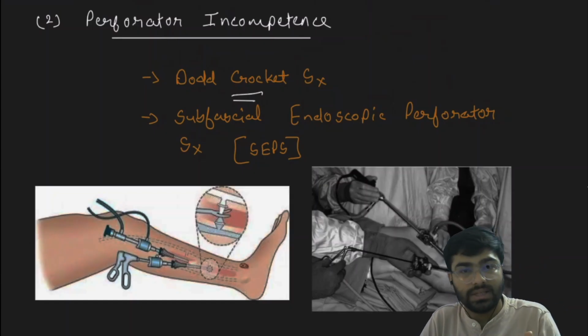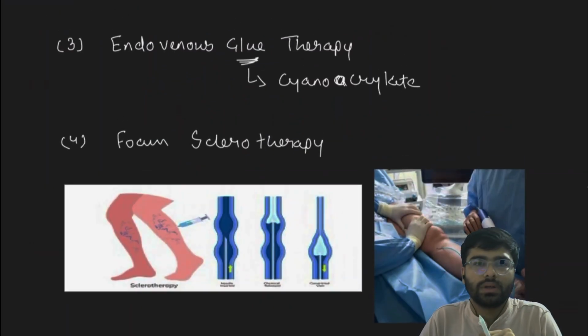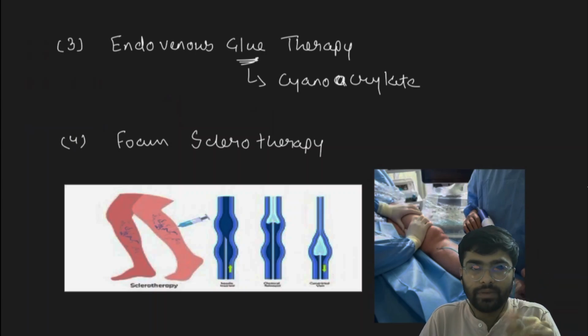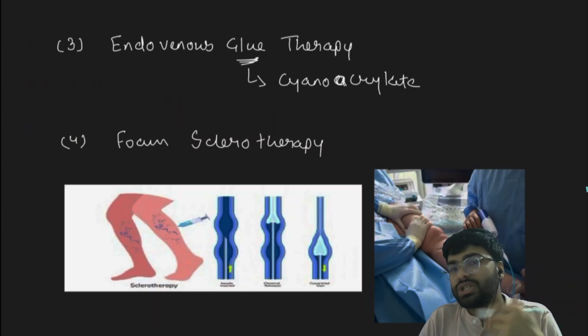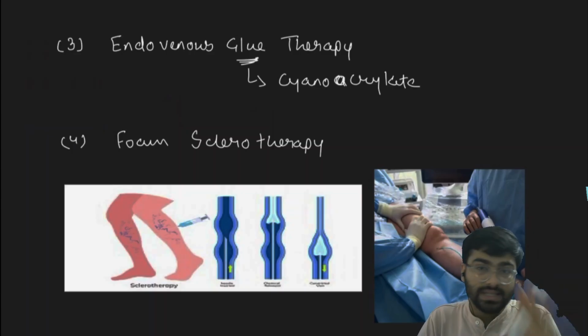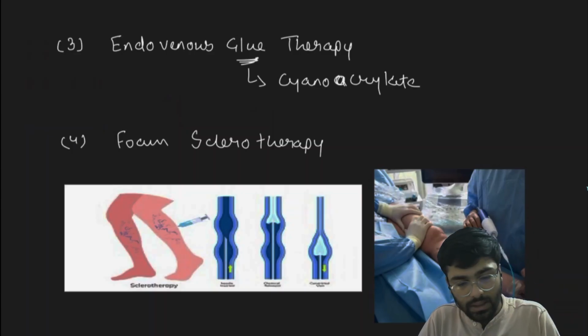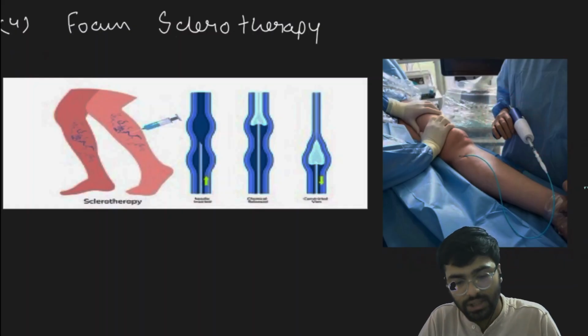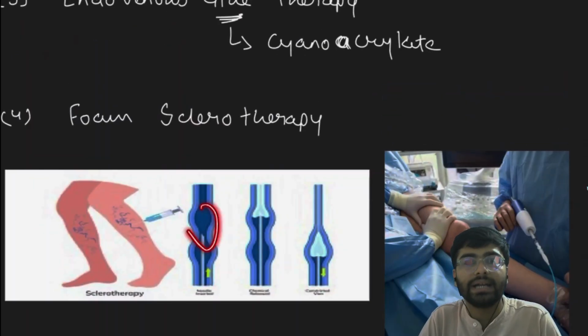Now, these are two more methods. One is endovenous glue therapy, and in that the glue is cyanoacrylate. And the fourth one is foam sclerotherapy. Again, for the third and fourth, the principles are the same, but the procedure or material used may be different. What is the mechanism? We inject, like you can see, this is the gun, and we inject a material inside the dilated vein.